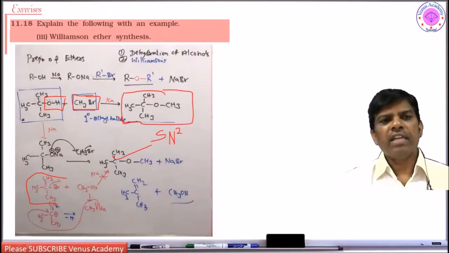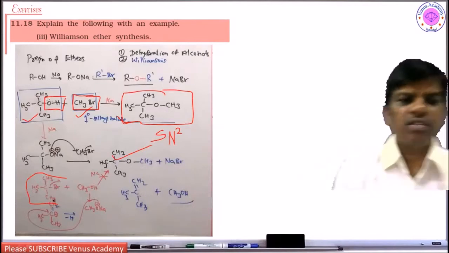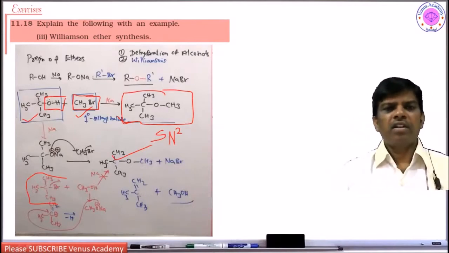You have to take tertiary butanol and methyl bromide. You are not going to take the other side, that is, methanol as the alcohol and tertiary butyl bromide. No, what happens? This tertiary butyl bromide is going to lose HBr to give 2-methylpropene as the major product. So elimination takes place.